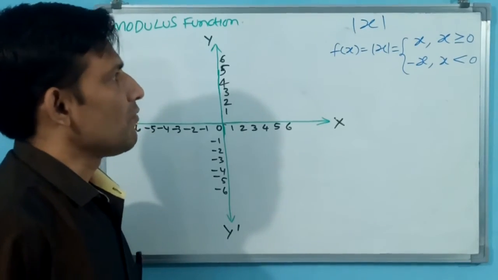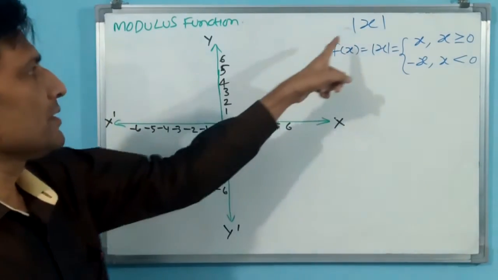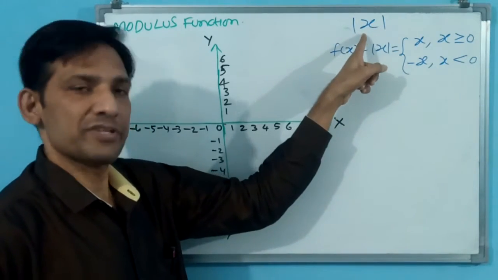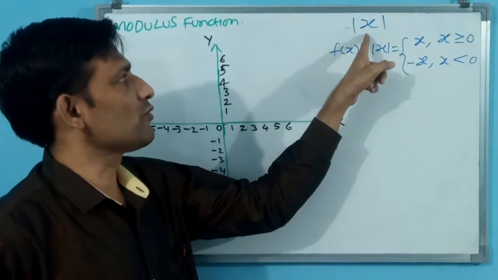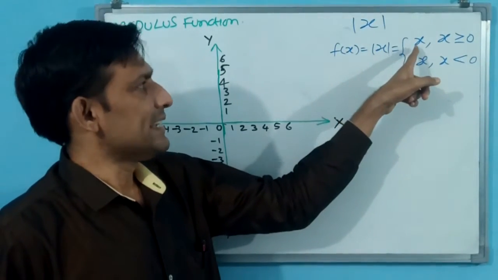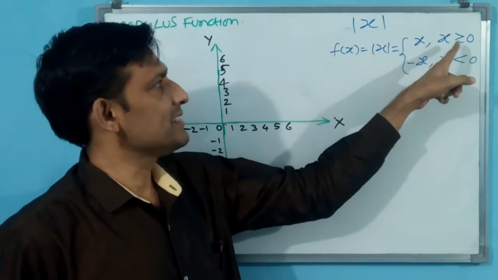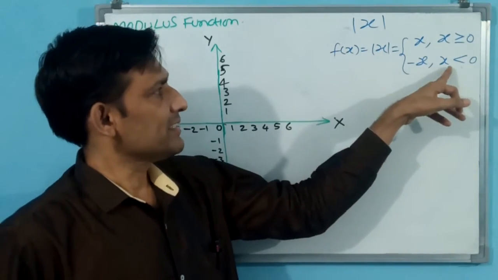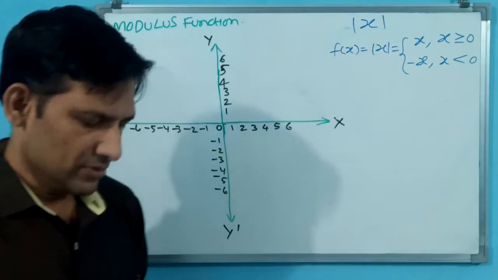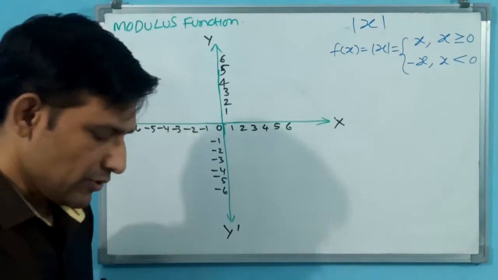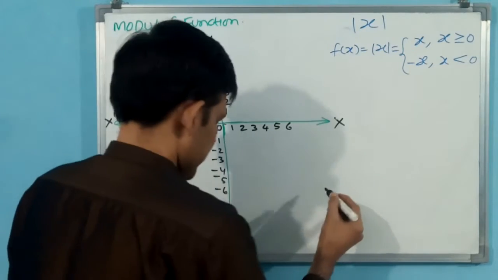What I have written is the symbol or notation of the modulus function. You have to show it like this: f of x is equal to x when x is greater than or equal to 0, minus x when x is less than 0. I want to tell you one thing here.